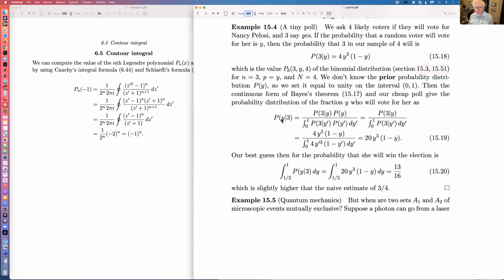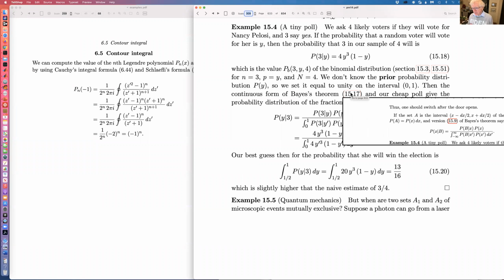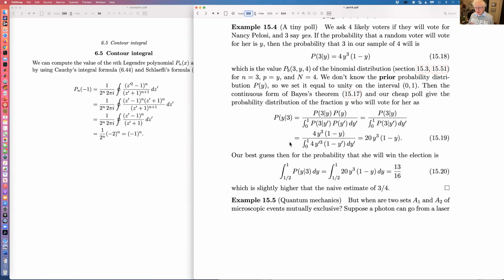In other words, what's the probability of Y, Y being the probability that a random person will vote for her, given that 3 did vote for her? Well, it's probability of 3 given Y, times probability of Y, and then we have to divide by the integral at the bottom there. And P of Y we just set equal to 1.